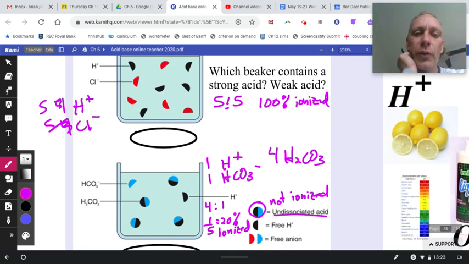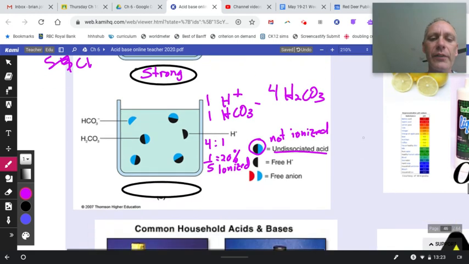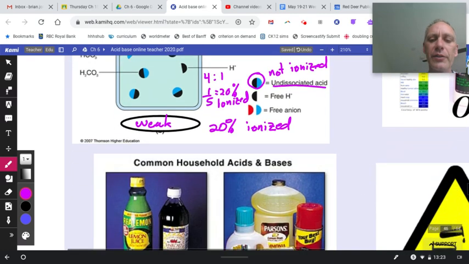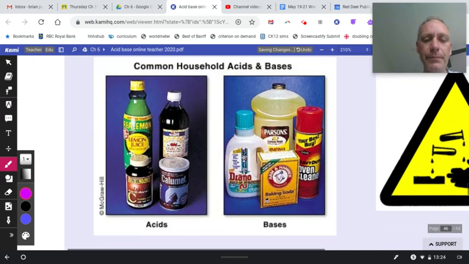So now can you answer the question, which beaker contains the strong acid, which contains the weak acid? And if you guessed strong because 100% ionized, and weak because only 20% ionized, you would be correct. So that's strong and weak in a nutshell.